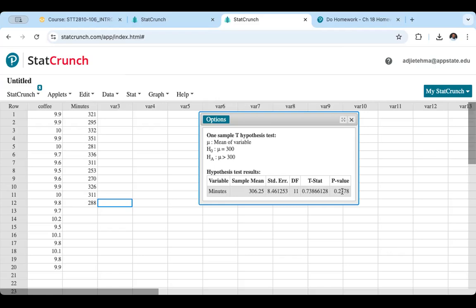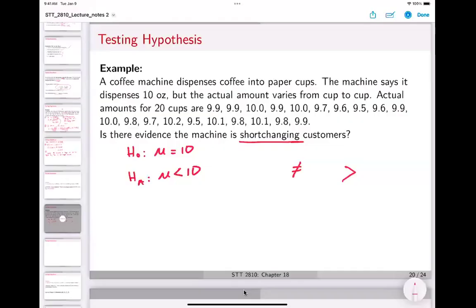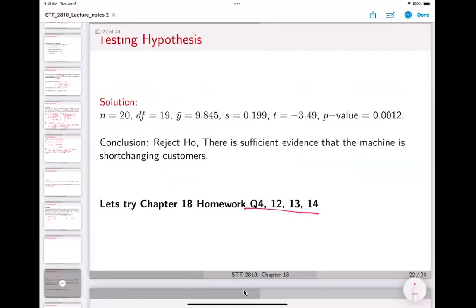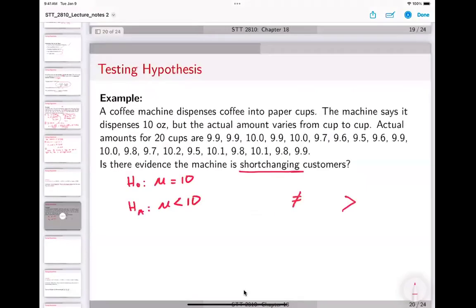So for the next example, we are going to save time and do everything via StatCrunch. So this is our next example. So last time too, we were able to write the hypothesis for that.